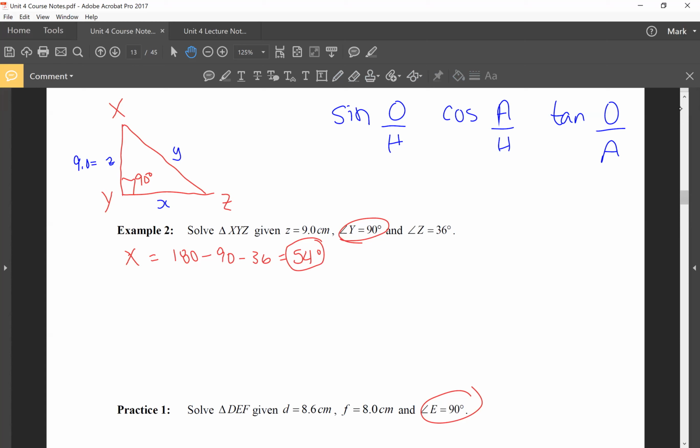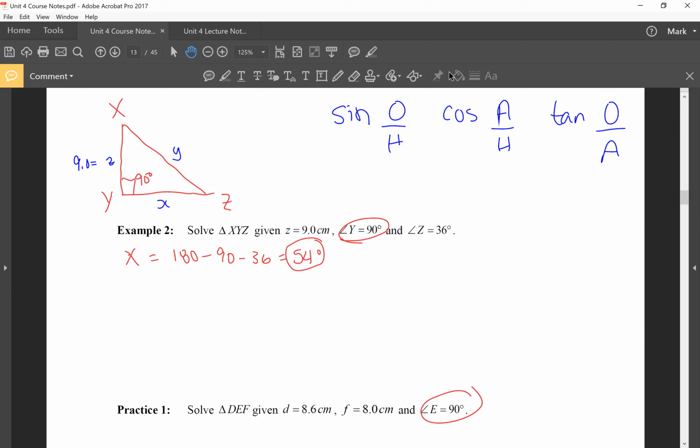If I did the same way, 180 minus 90 minus 36, in the exam, will I get the full marks? Yes, you will definitely get full marks. There's more than one way to do it. It's not an official step, it's just one way to solve this, so it's all right to use this way.